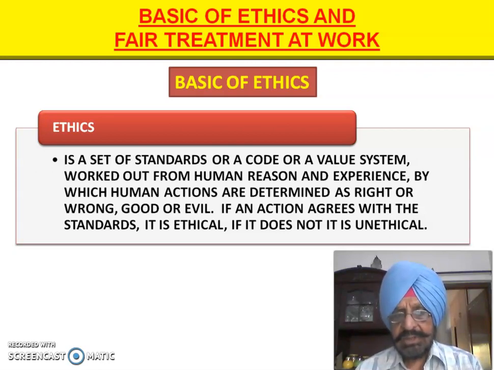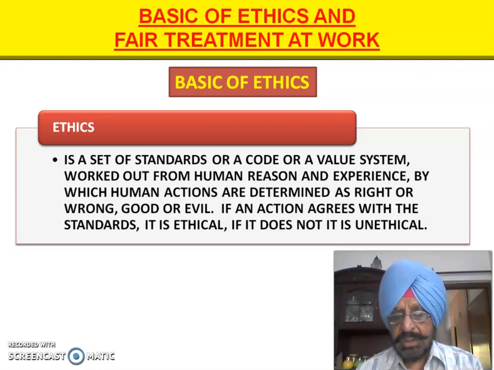In other words, if intercaste marriages are encouraged in a society, they are acceptable. But if it is considered evil or wrong, it can even go on to what we call honor killing, etc. But if it is right, it is acceptable in the standard. So, ethics will depend upon human reasons and experience, and basically what is laid down as standards or code or value system. Now we need to understand these words: standards, codes, or value system.